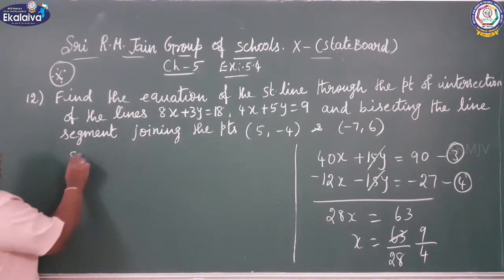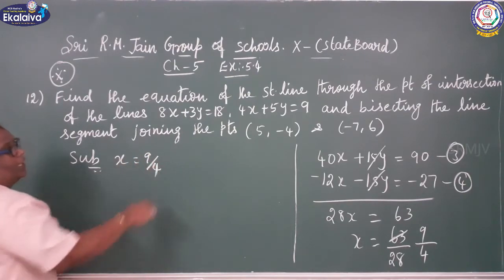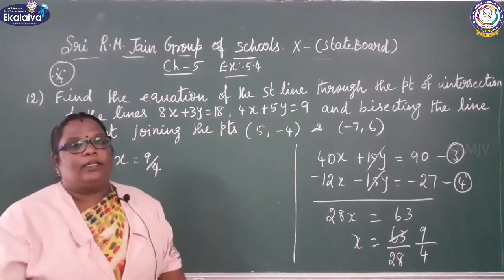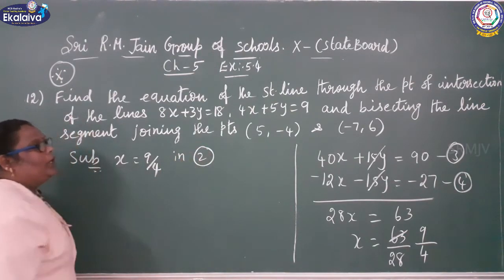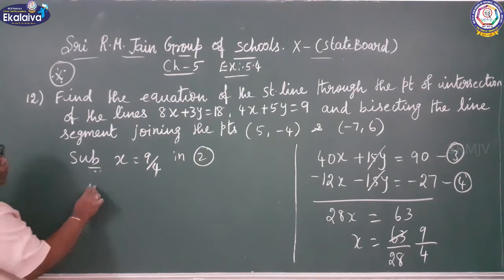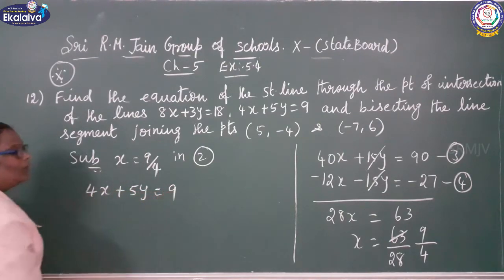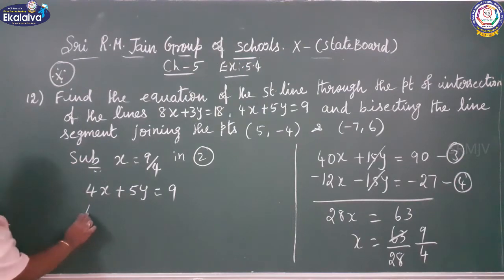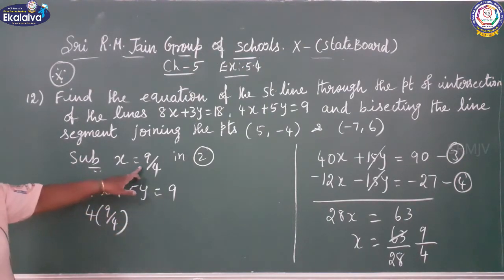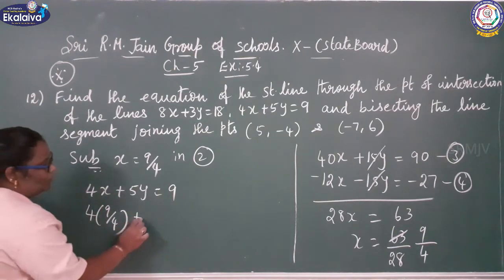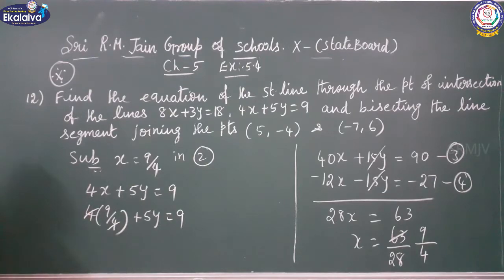Substitute x equal to 9 by 4 in any one of the equation. I can choose it as second equation, 4x plus 5y equal to 9. 4 into 9 by 4 plus 5y equal to 9. 4 4 get cancel.